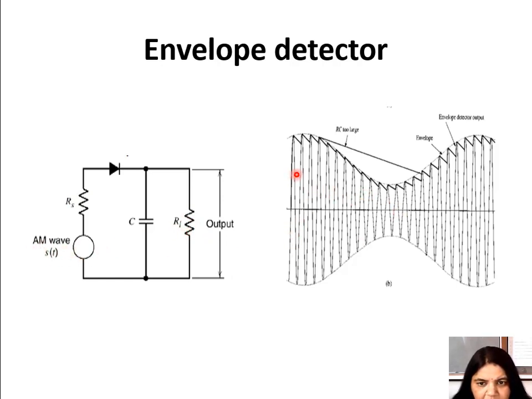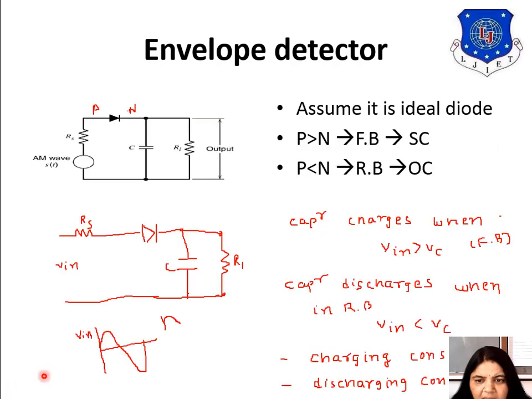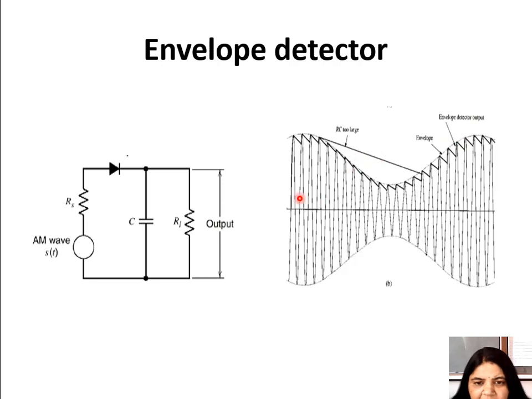So you can see over here, this is the AM wave. Now what we said, that when the Vin is greater than Vc, the Vin value increases, and the capacitor is initially not charged. So Vin greater than Vc, the capacitor starts charging.